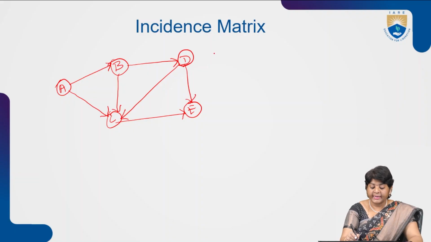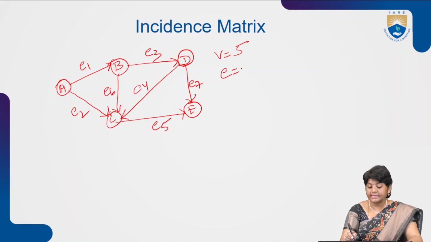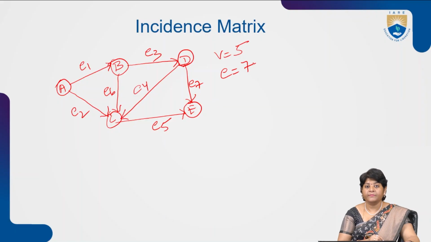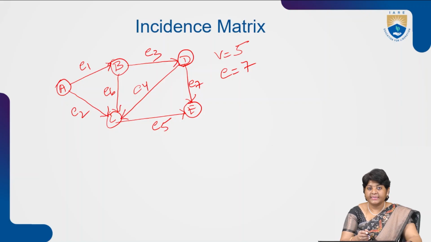So I have taken 5 vertices and edges E1, E2, E3, E4, E5, E6, E7. Edges 7. Now we will develop an incidence matrix for the directed graph.